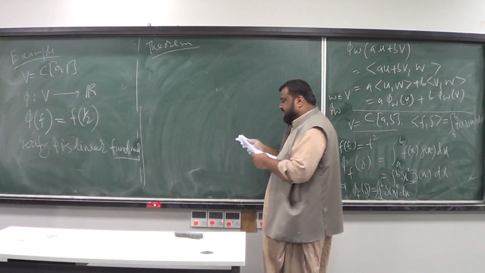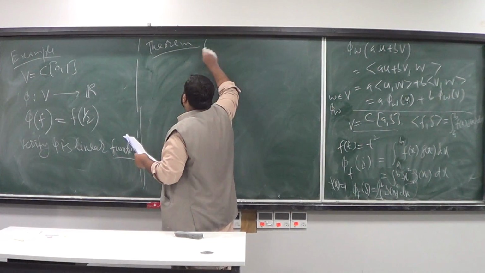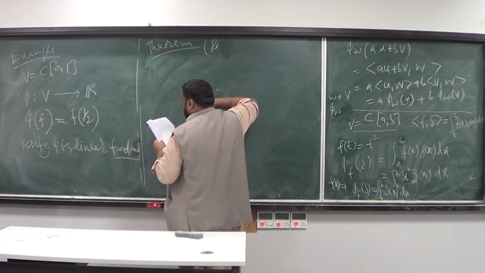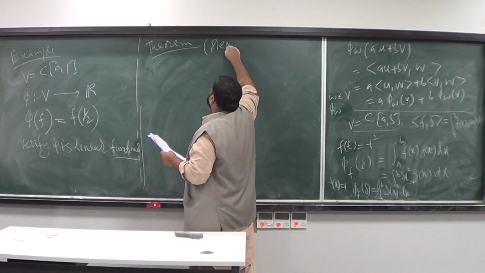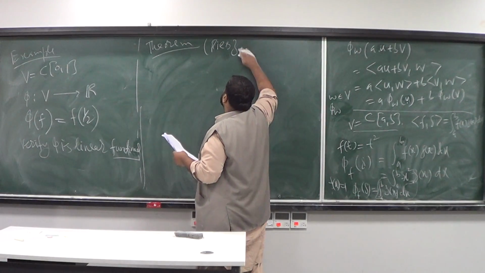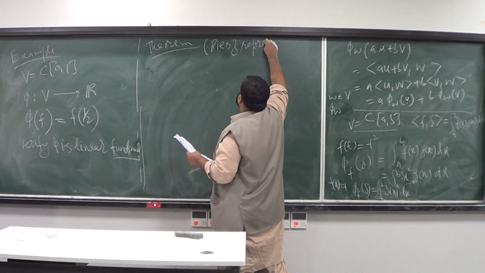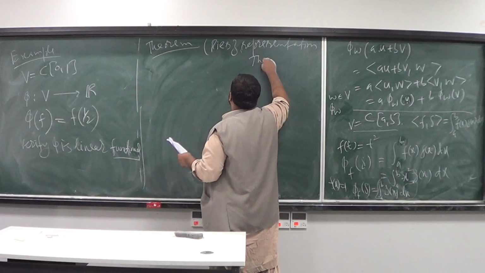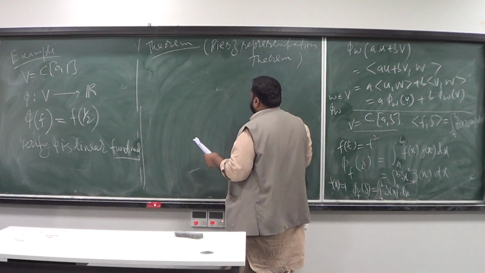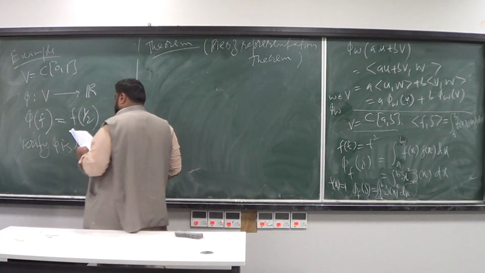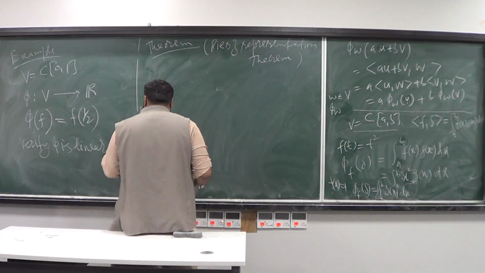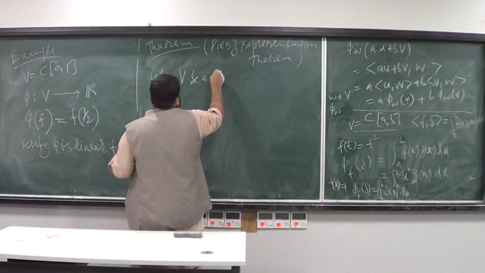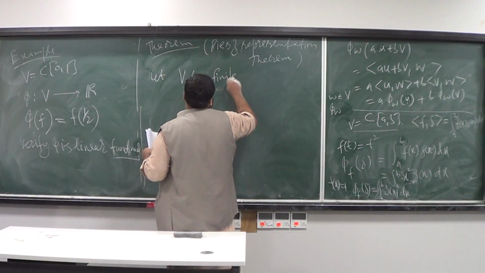So here's a precise statement of the theorem. This theorem is called the Riesz representation theorem, and it goes like this: let V be a finite dimensional vector space.